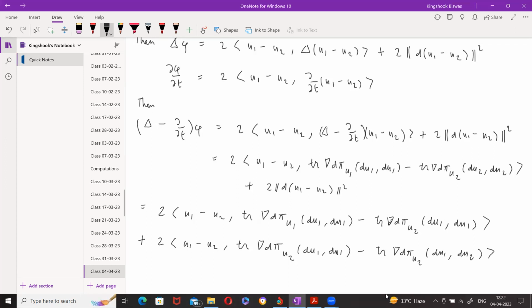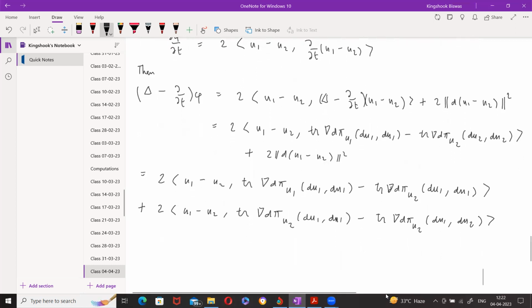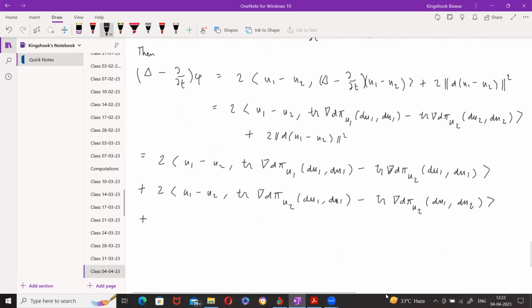Okay, and then I have to add this term and subtract the last one. So twice u1 minus u2, trace of nabla d pi at u2 of du1 du2 minus trace of nabla d pi at u2 of du2 du2, right?